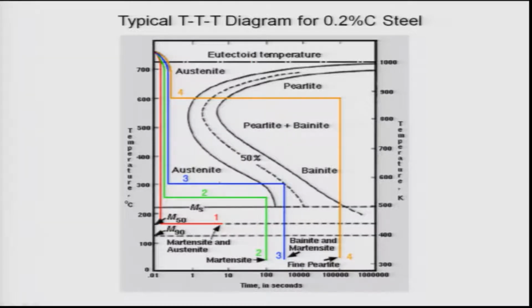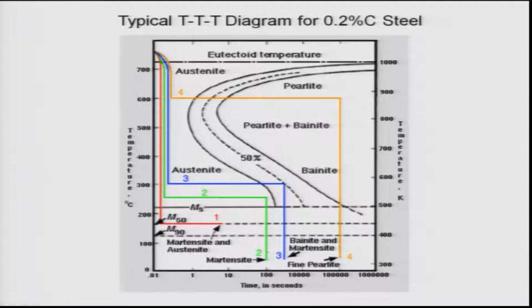So 1 will lead to 50% martensite. 2 is a very interesting cooling. You quench it to about 250 degrees Celsius and keep it there, but do not go beyond this 1% pearlite transformation line, but this will lead to bainite then. Remember, then you quench it.